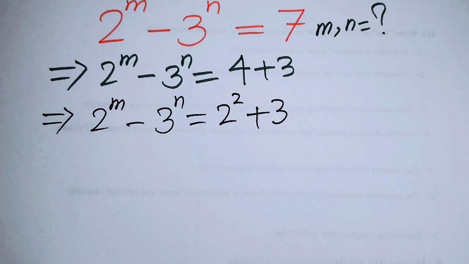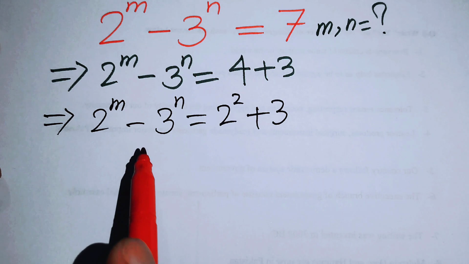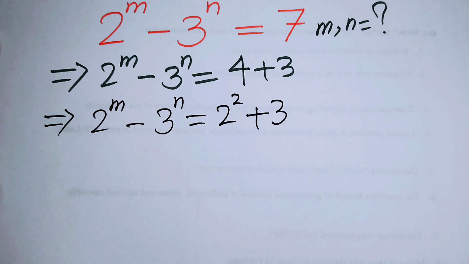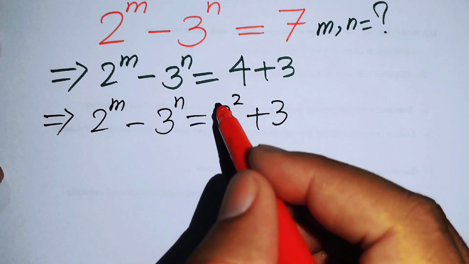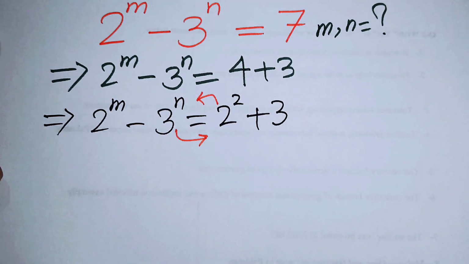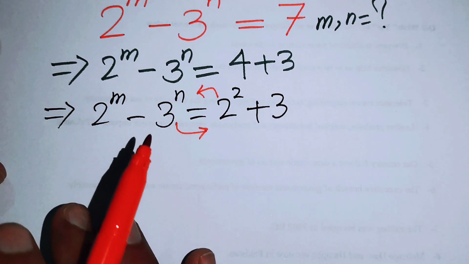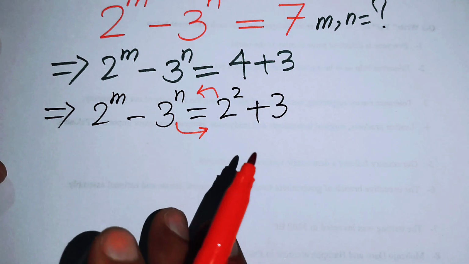And now in the next step we can combine the terms involving 2 and the terms involving 3 on separate sides, so that I can move this 2 squared to the left hand side and move this minus 3 to the power of n to the right hand side.